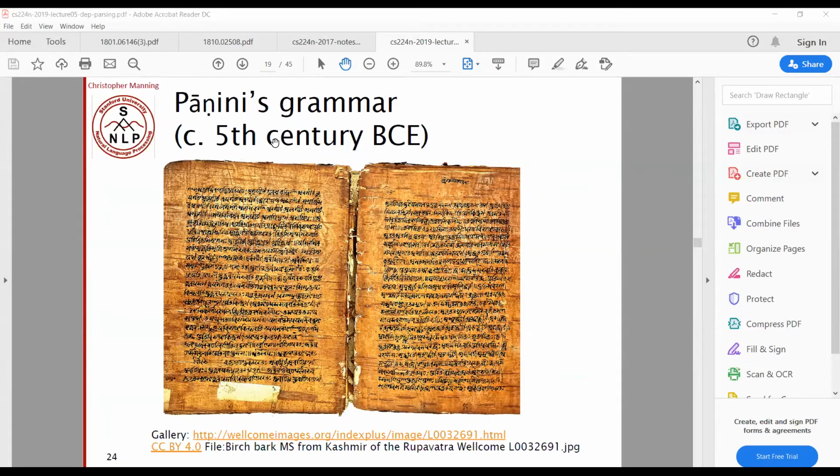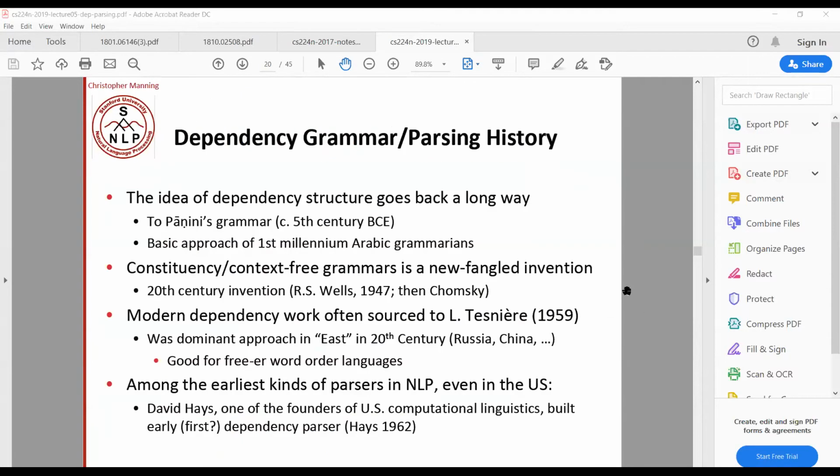This fellow produced a grammar of Sanskrit, and basically the idea of taking apart sentences this way, and he was the first one to do it in history that they know about. So that was interesting. Constituency-free grammars, that's the one we talked about earlier that wasn't very clear. It's 20th century. Dependency work, pretty recent.